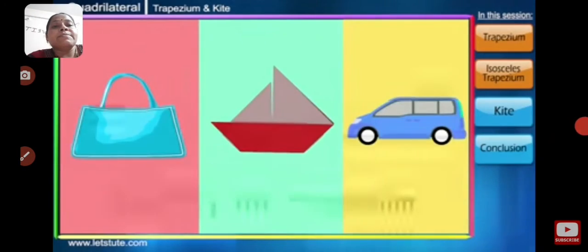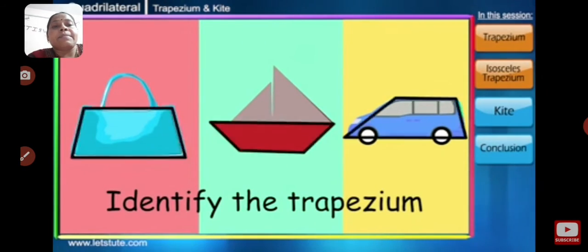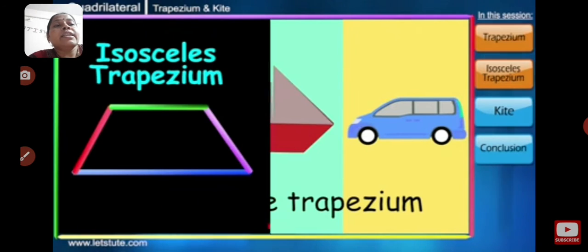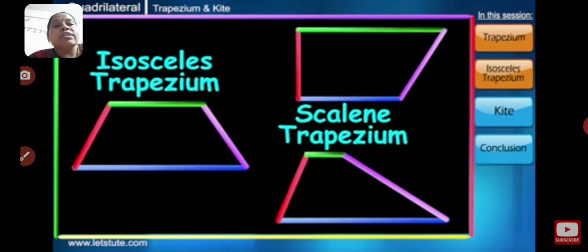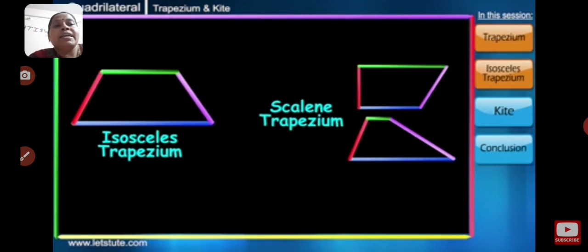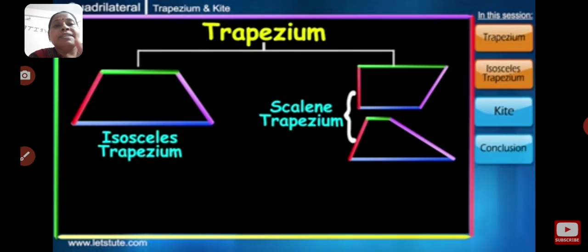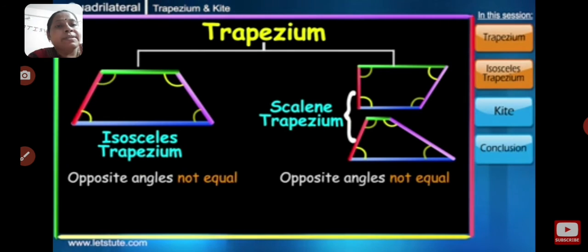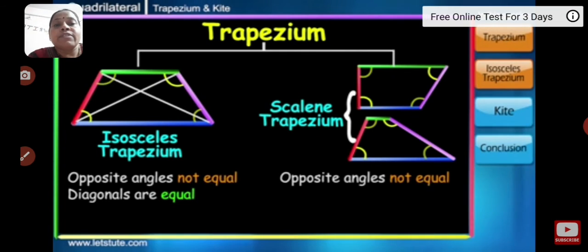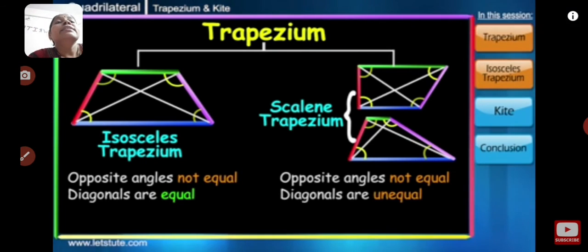The identification of trapezium: see, this is the type, identify the trapezium. Trapezium are of two types, isosceles trapezium and scalene trapezium. If opposite angles are equal and diagonals are equal, it is called isosceles. If opposite angles are not equal and diagonals are unequal, it is called scalene trapezium.